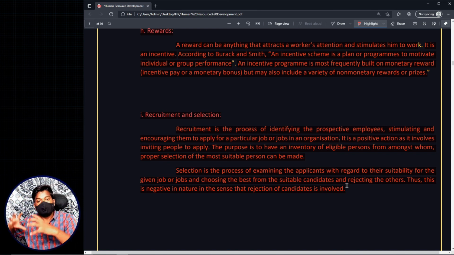What did we discuss about this entire development? We discussed that this entire development is based on the gaps. That means the present state and the expected state. Development means you are reducing the gaps between the present state and expected state. Now while doing recruitment and selection, you are bringing in the employees, right?